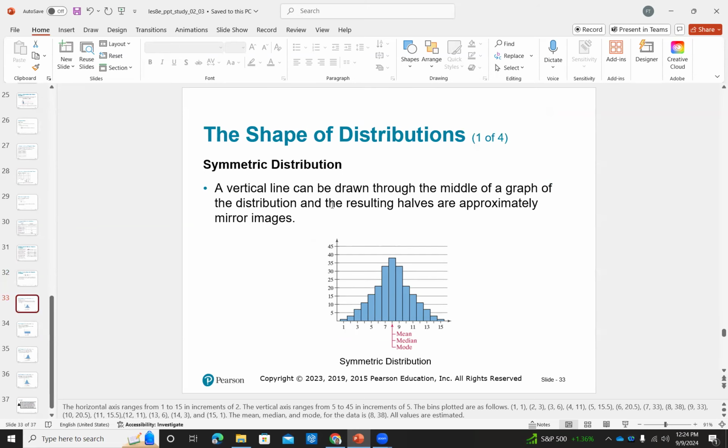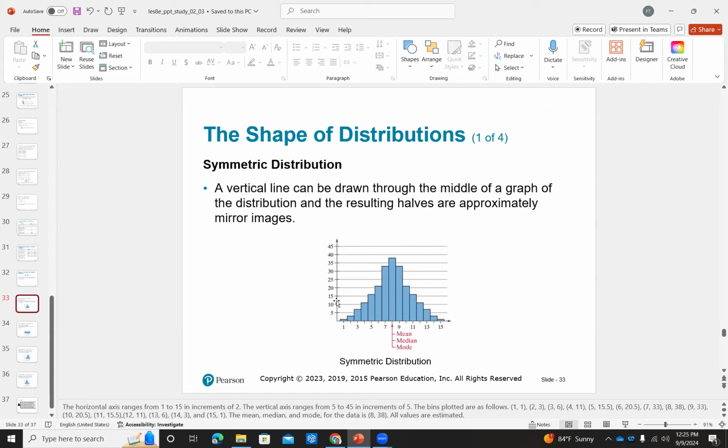a vertical line can be drawn through the middle of a graph of the distribution, and the resulting halves are approximately mirror images. So when you look at this symmetric distribution, we have the highest bar in the middle, and then on the right of this highest bar and left of this highest bar, I have the same height.